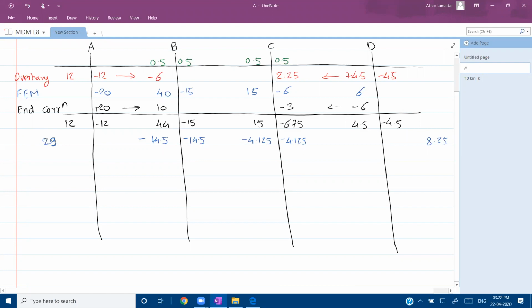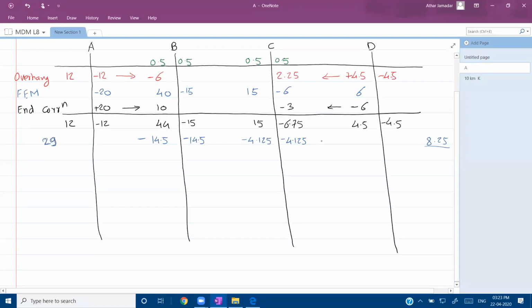So this 14.5 is nothing but 29 into 0.5, and how has this 29 value come? It is nothing but 44 minus 15, it is 29, and before applying this correction we have multiplied by the distribution factor of 0.5, therefore this 14.5. Similarly this 8.25, from where has this value come, it is nothing but 15 minus 6.75, so it is equal to 8.25, and this correction of 4.125 and 4.125 is nothing but 8.25 into distribution factor 0.5, so that is 4.125.